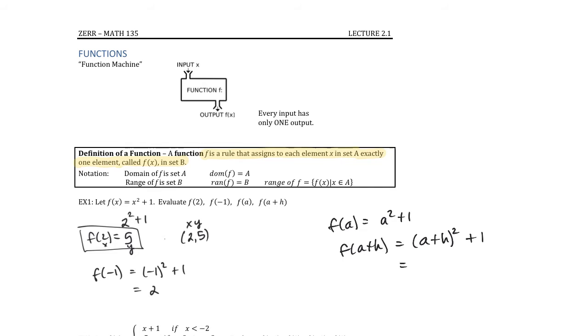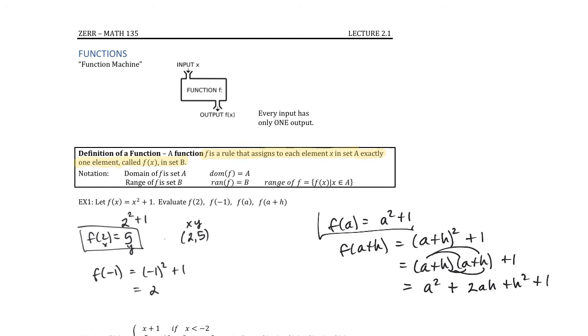And then we can actually work this out. A plus h times itself. So that would be a squared plus 2ah plus h squared plus 1. Okay, so that's that one. And then we had f of -1 was -2.